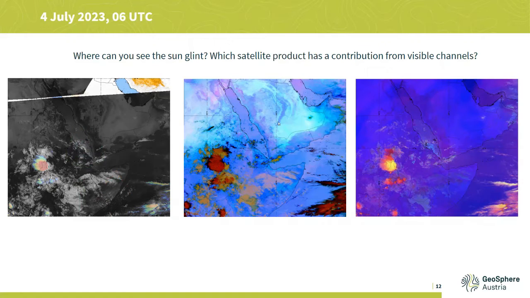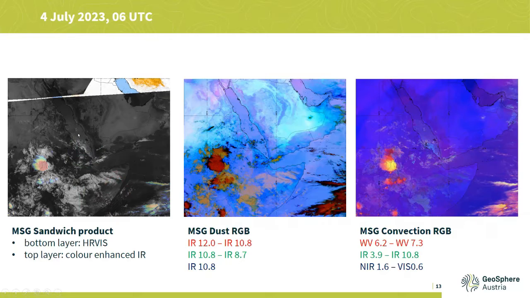Most of you probably know the satellite products here. We have on the left-hand side the sandwich product. This consists of 2 layers. The bottom layer is the high resolution visible channel, which allows it to see the sun glint. You don't see it as pronounced as in the RGB images, but you can see these bright features over here.